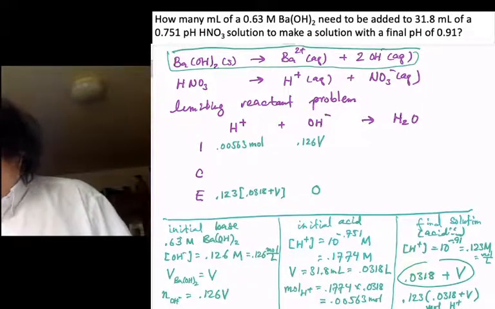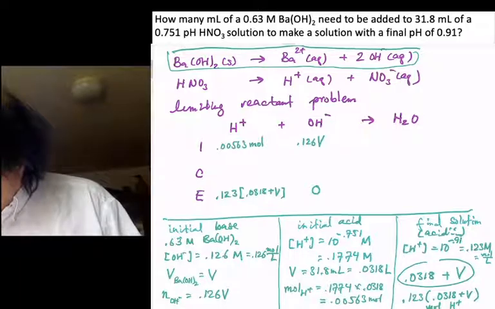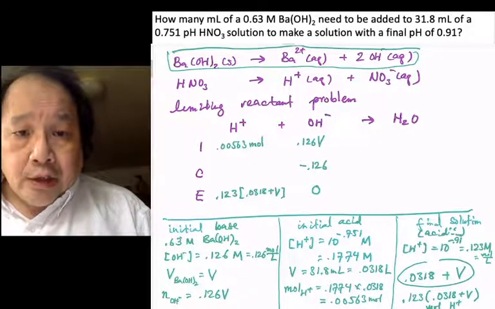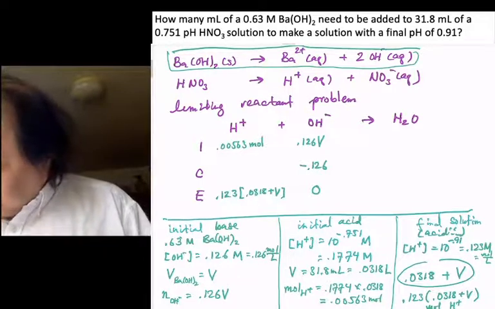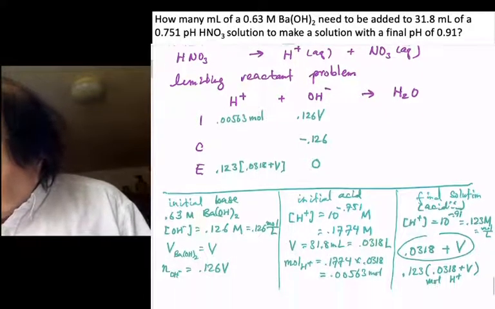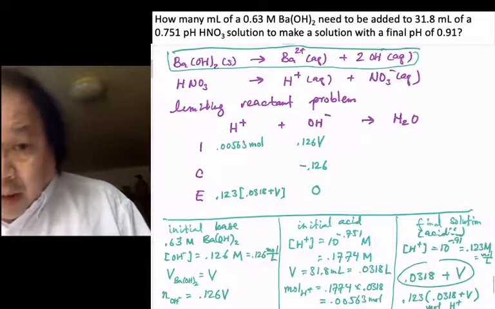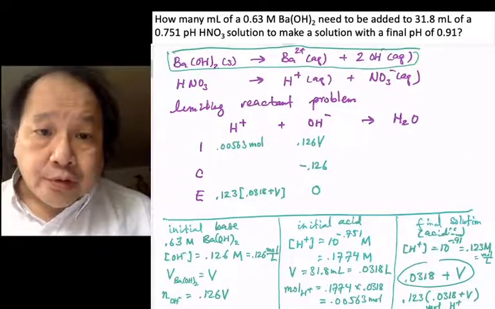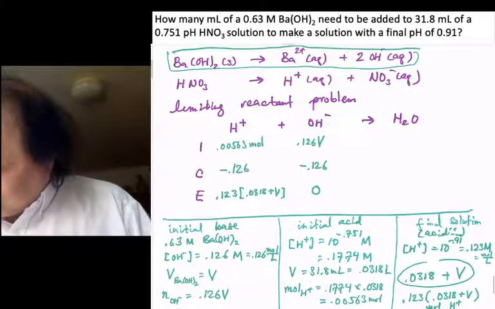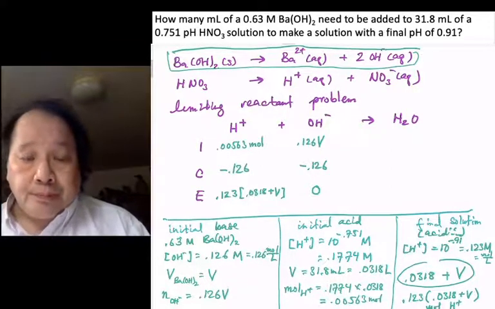And that means that the change in OH minus is minus 0.126, because in the change line, the values are in an exact ratio of the coefficients, which are 1 to 1. There's minus 0.126 moles of H plus used up.